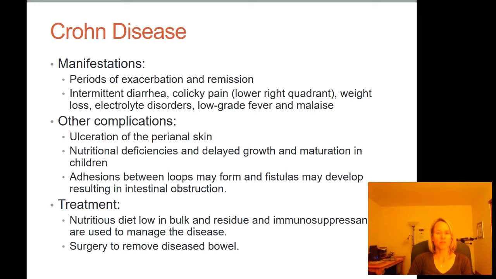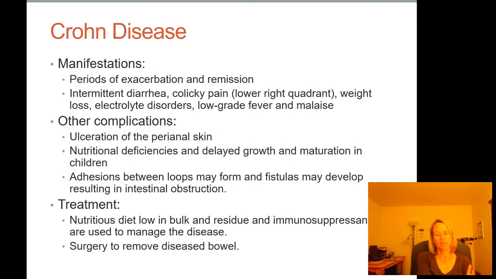We have periods of exacerbation and remission, intermittent diarrhea, and this causes kind of a colicky pain, so it's like on and off periods of intense cramping in the lower right quadrant. We get weight loss, electrolyte disorders, low-grade fever, and malaise. So signs of inflammation there.